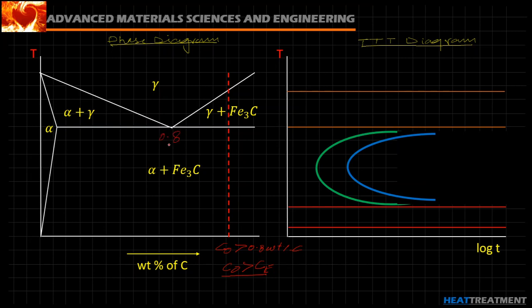This is the eutectoid composition. Now the vertical line shows the composition which is on the right side of the eutectoid composition.